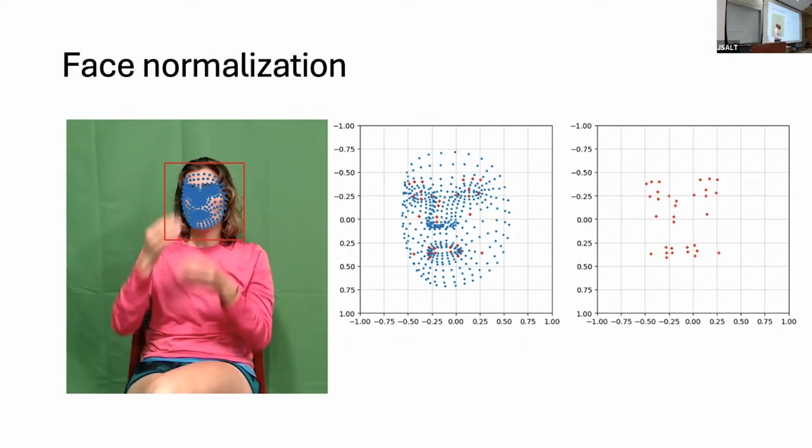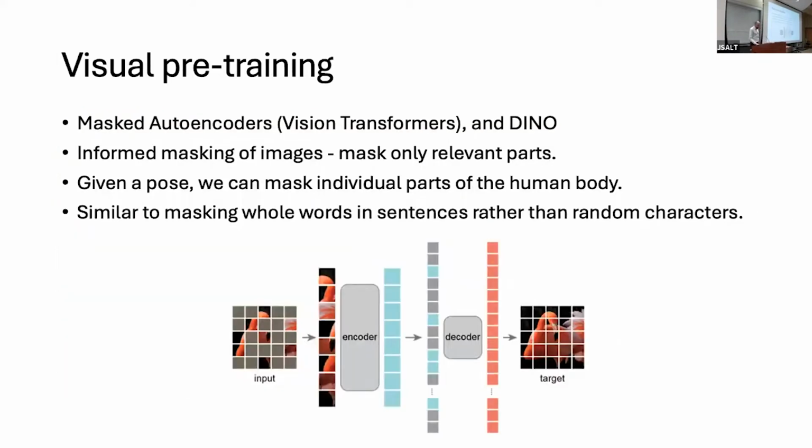You have around 147, I think, vertices on your face, and you can go down to like 20 dimensions without losing any information. We also normalize the positions, and here are the selected vertices that we want to use in our baseline experiments.